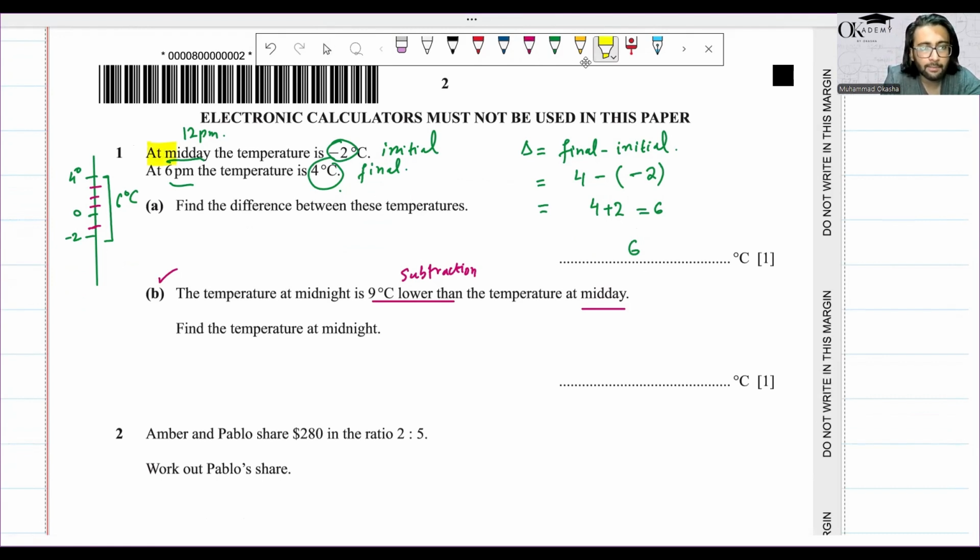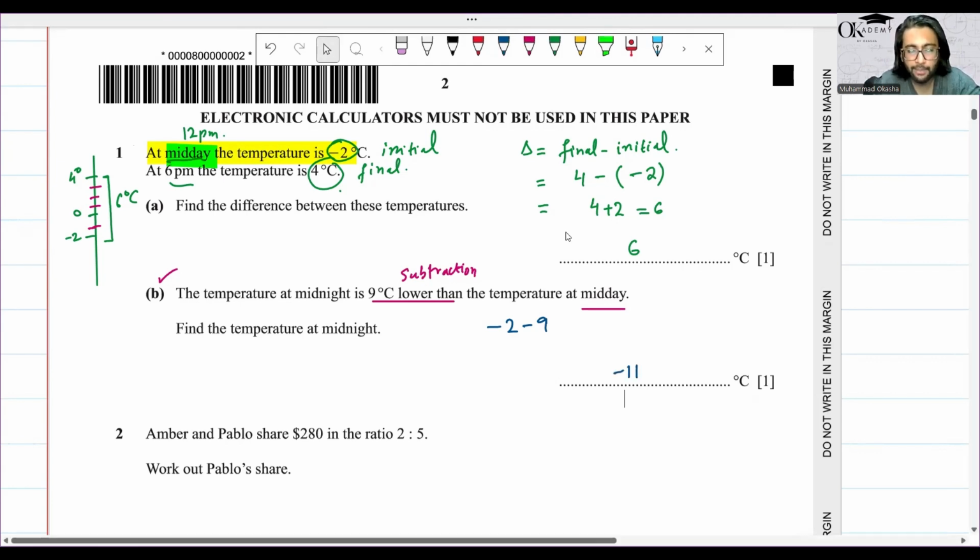I'll pick the temperature at midday, and because it is 9 degrees lower, I'll pick -2 and subtract 9, because the temperature is even lower than -2, it must be freezing cold. So -2 minus 9 would be -11 degrees centigrade. You don't have to write degrees Celsius over here, because it's already mentioned.